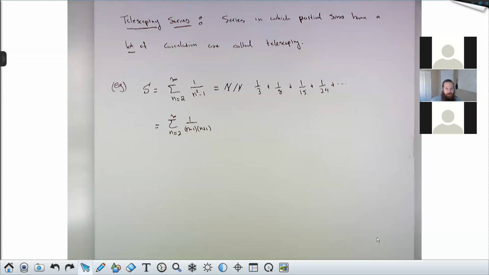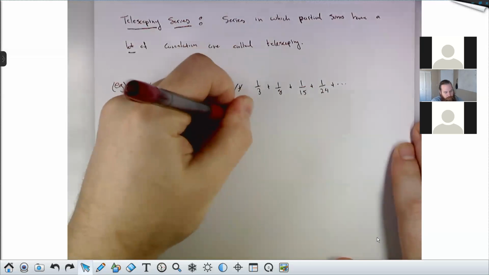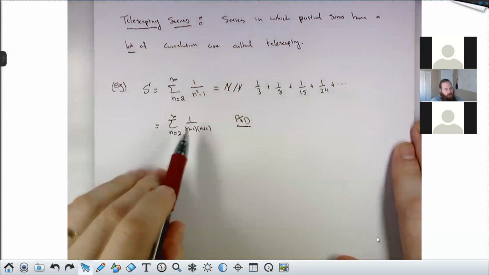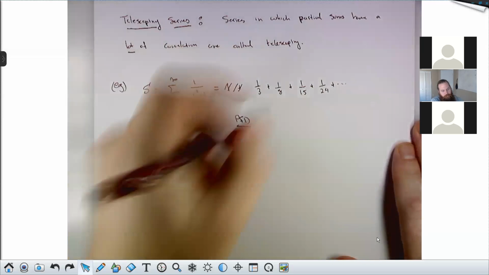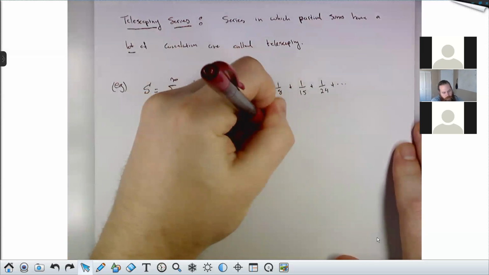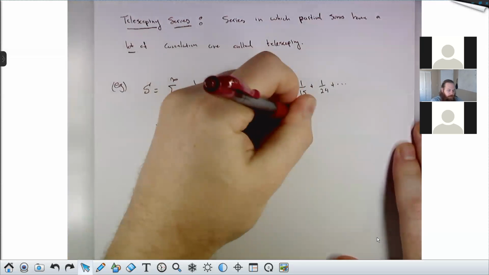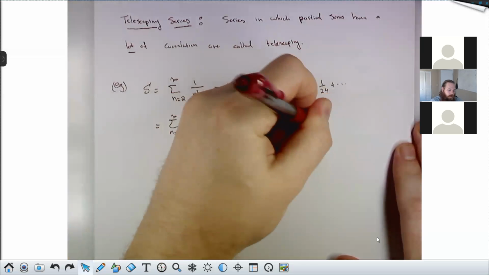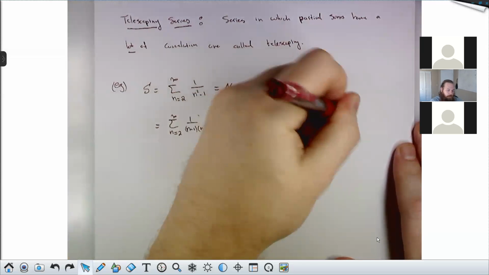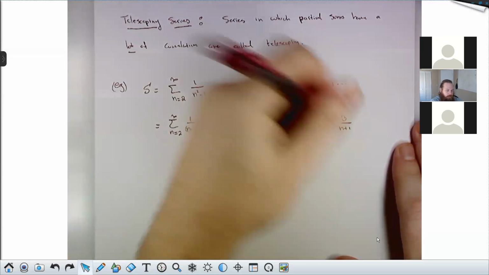You'd do some partial fractions. So that's what you're going to do here. You're going to set up some PFD for this. 1 over n minus 1 times n plus 1 can be broken down as a over n minus 1 plus b over n plus 1.